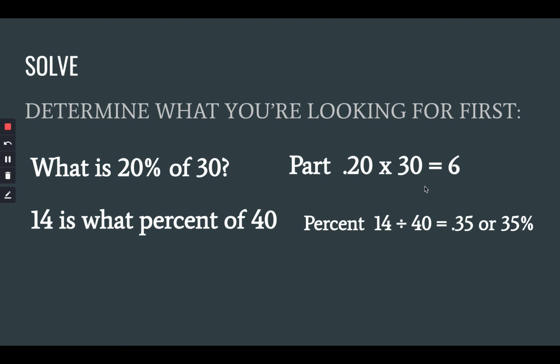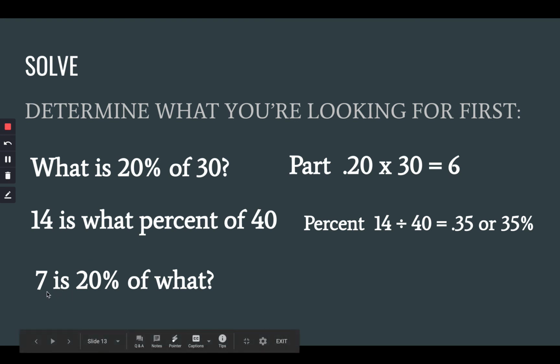And the last type of question. So we've done the one where we had to find the part. We've done one where we have to find percent. This is the one where you've got to find the whole amount. 7 is 20% of what? You've got the part. Next to the 7, you've got 7 is. You've got the percent, and you're missing of what? You're missing the whole amount.